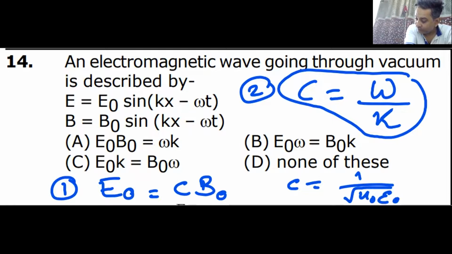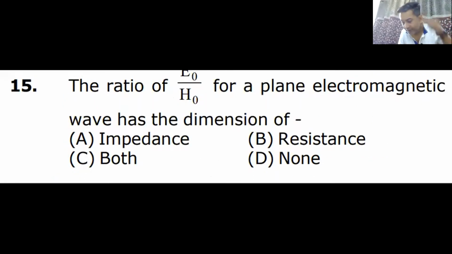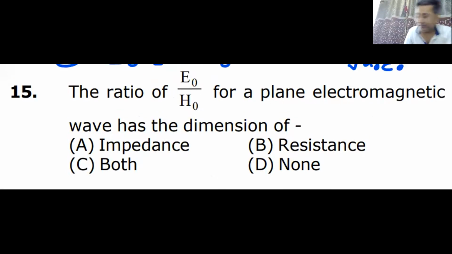One more. These type of questions are going to come and I will show it to you. Don't worry. Can I have the answer for this one? E naught by H naught. Again, you will say what is H naught? This is magnetic field only. Magnetizing field or magnetic field doesn't make much of a difference. The ratio of E naught by H naught for a plane electromagnetic wave has a dimension of what?